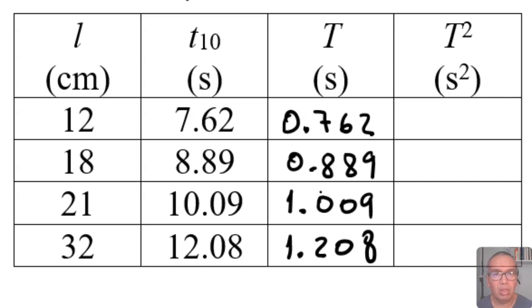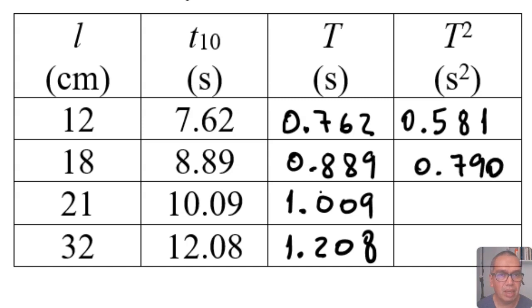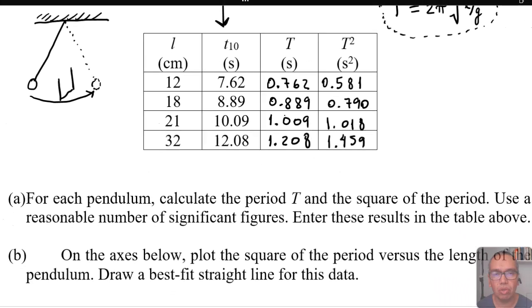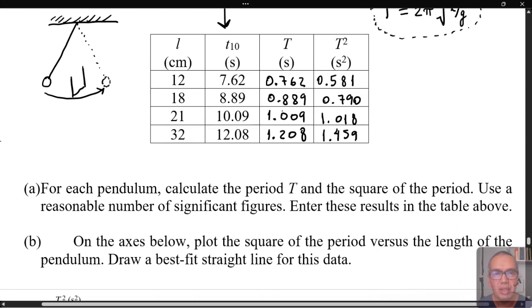You're going to get more decimals than these, but if you conserve the amount of significant figures, you want 3 significant figures for this, 0.581, then 0.790, then 1.018, and finally 1.459 squared seconds. So that was what they requested in part A.